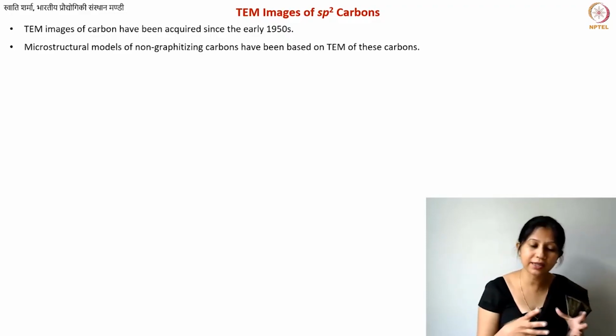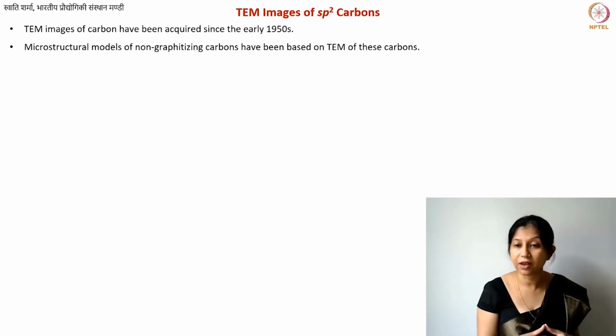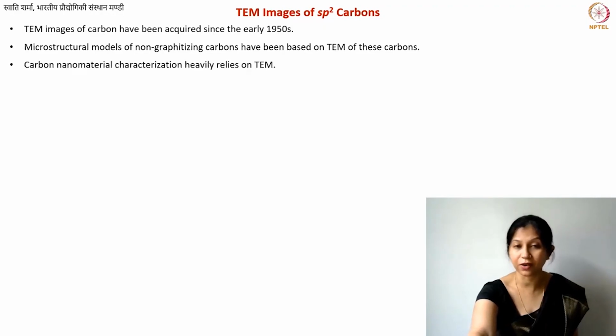Recently you will find many other publications, and nowadays we understand the microstructure of non-graphitizing carbons reasonably well. So all of these studies have been very much dependent and related to transmission electron microscopy. So this is a very important imaging technique for us.